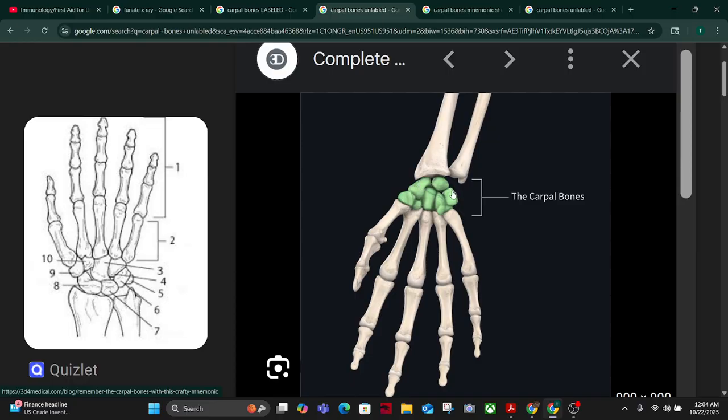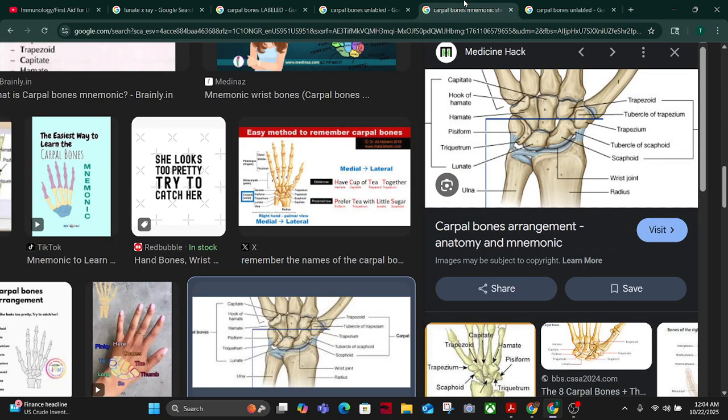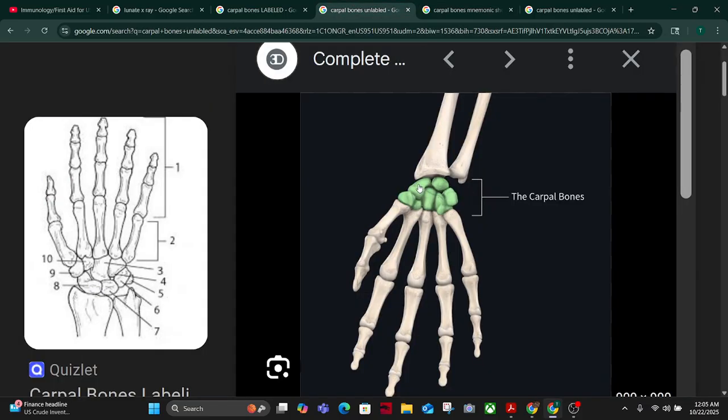She looks too triquetrum. Pretty, pisiform. Okay. That's that first row right above the radius.